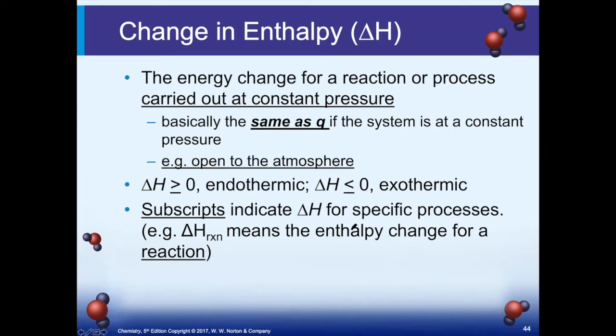For example, let's say that I'm dissolving something. I might put DISS for delta H of dissolution, or I'm condensing something, delta H of COND, condensation. So that's the idea. The subscript is what's going to tell you the reaction or the process of this enthalpy change that we're calculating or describing.